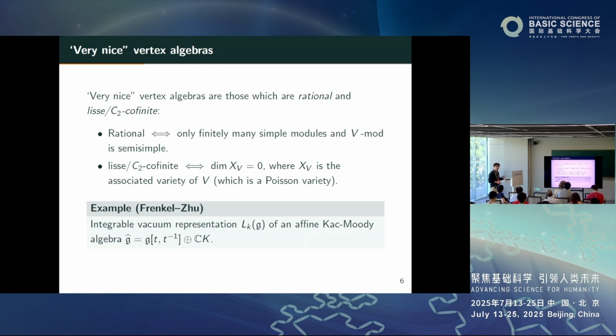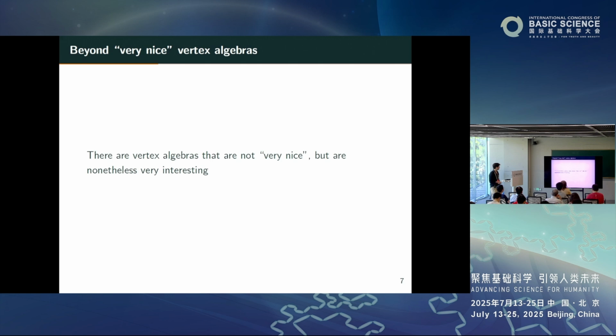So these very nice vertex algebras are a kind of generalization of integrable representations of Kac-Moody algebras. Now, today I'd like to talk about vertex algebras which are not necessarily very nice, because there are some vertex algebras which are not very nice but are nevertheless very interesting, particularly in connection with higher dimensional quantum field theories, which I'd like to explain now.